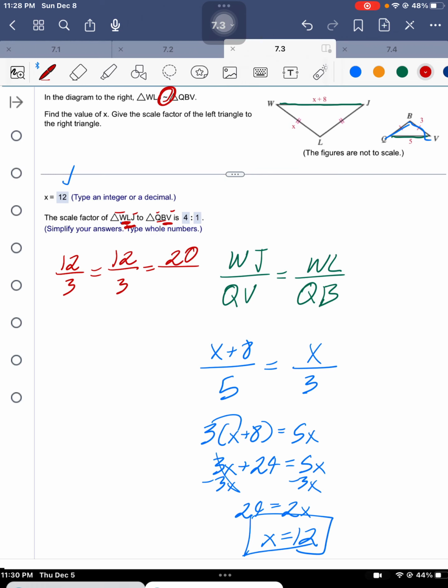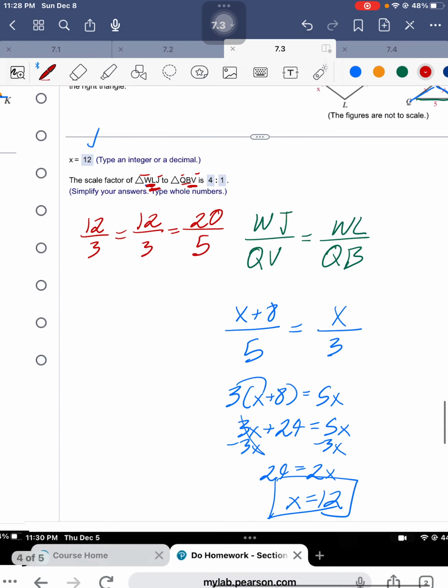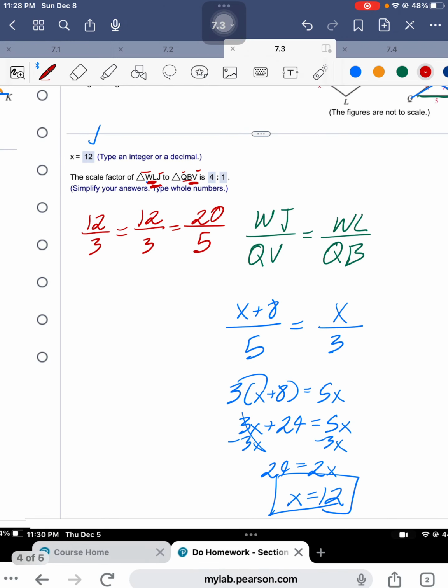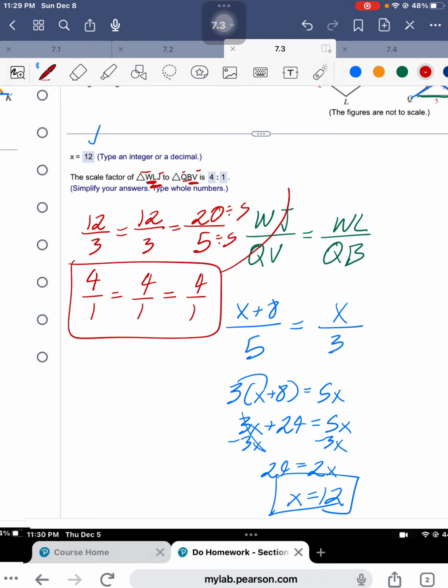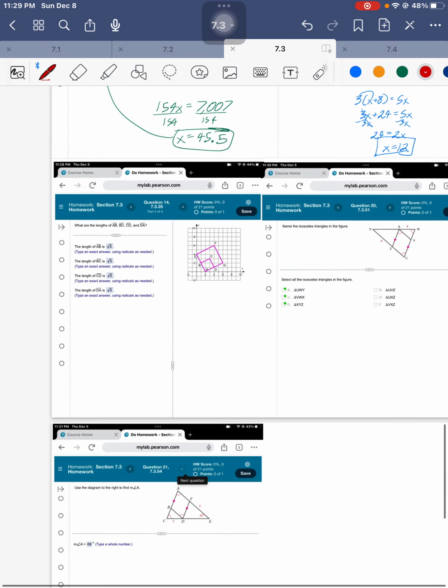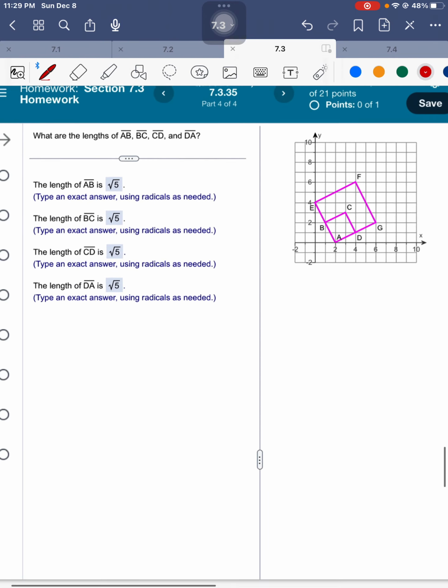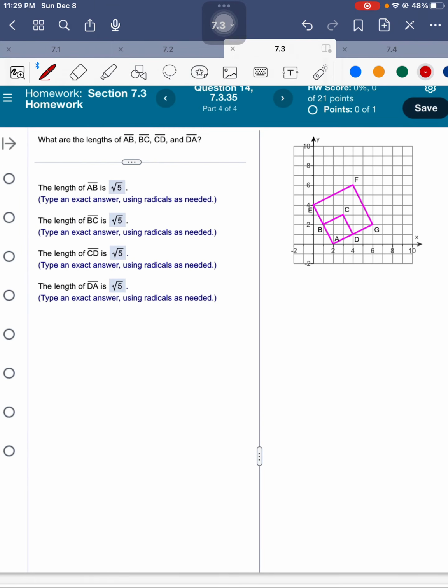So 12 plus 8 is 20. And then VQ. VQ is 5. So what is the simplified version of 12 over 3? 4 over 1. What is 20 divided by 5? 4 over 1. So my scale factor is 4 to 1. Okay?